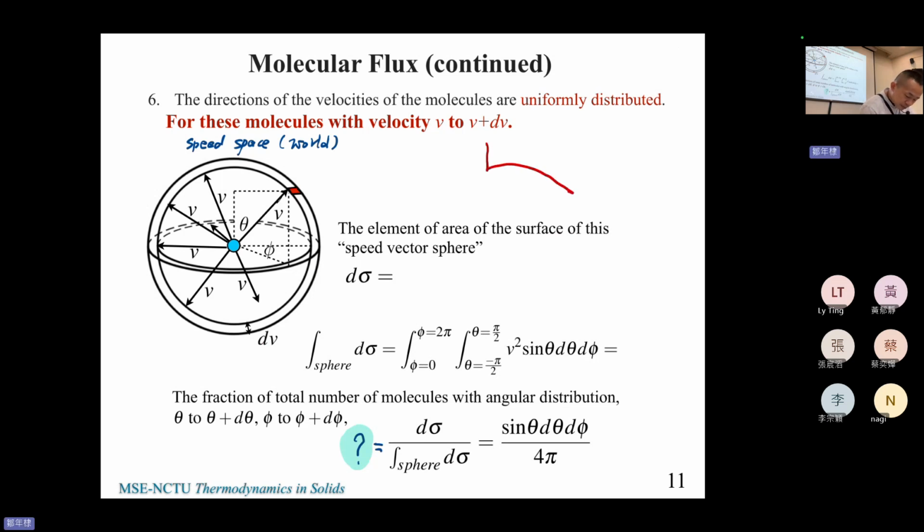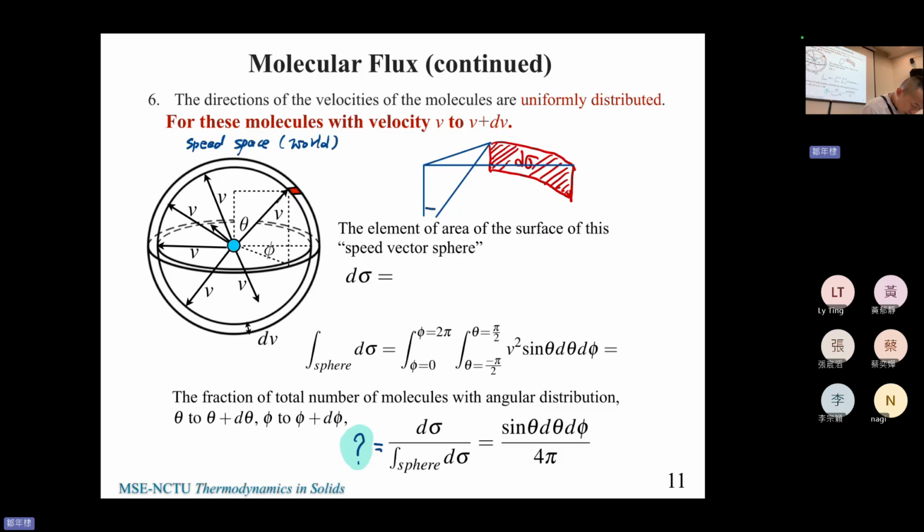How to obtain d sigma? This is sigma. The d sigma is here. All right. Okay, so let's take a look. Yes, this is the z-axis, and that, and that.